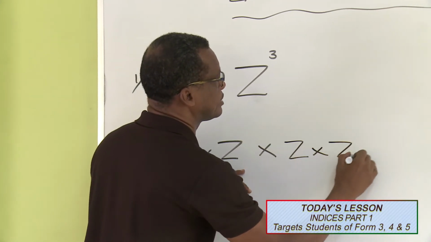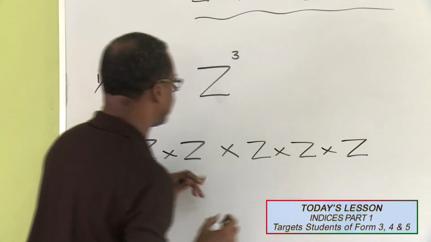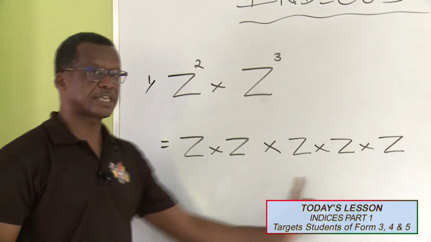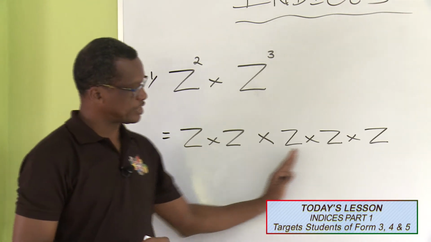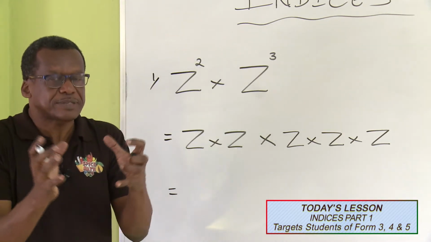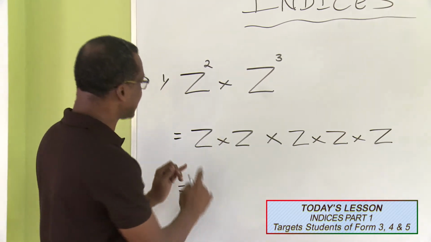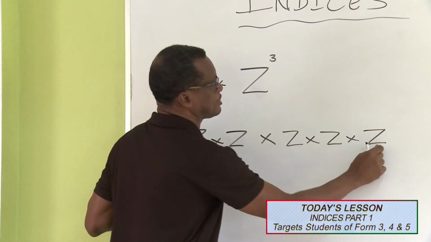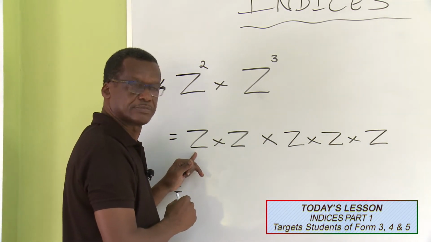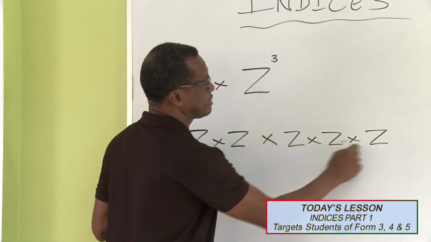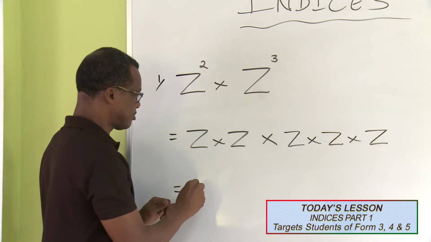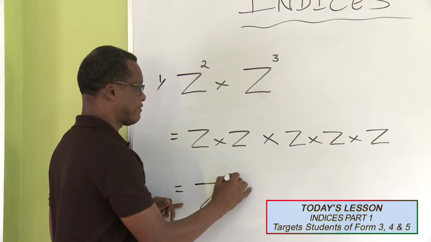Z by Z by Z. What does that give us? If we take this expression here and contract it back to a power, how many times is Z actually multiplied by itself in this expression? Z by Z by Z by Z by Z would give us Z to the power of 5.